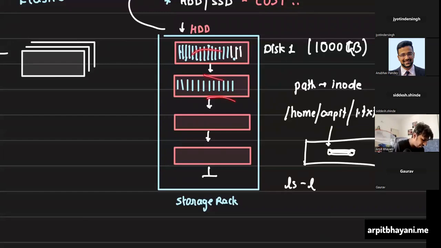They are plugged into the storage rack. And when you are writing to that storage, you know that this is the active hard disk in the storage rack where I would write. And it writes from there. Once a hard disk gets filled up, this pointer moves below. And now the other hard disk becomes the active hard disk.